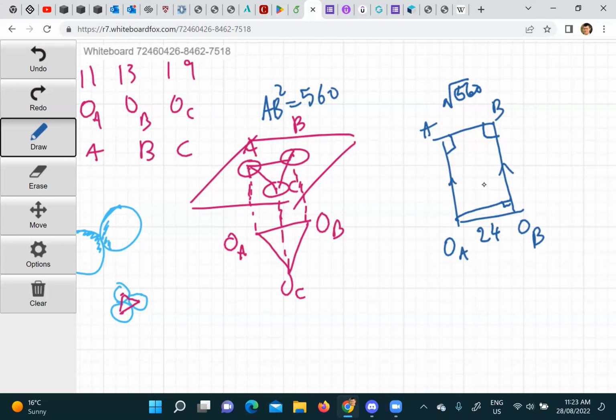That little thing is 4, right? Apparently it's 4 if I did my math. 576, okay, so now that is 4, so BOB equals AOA plus 4.